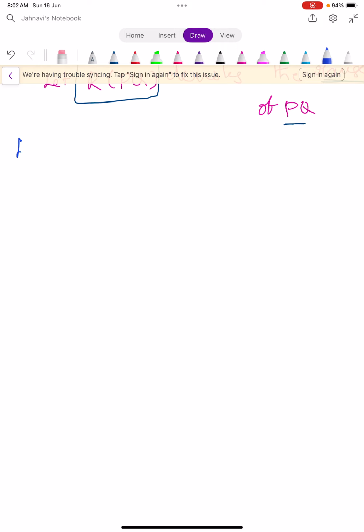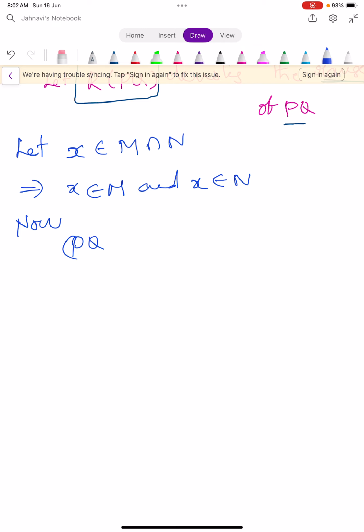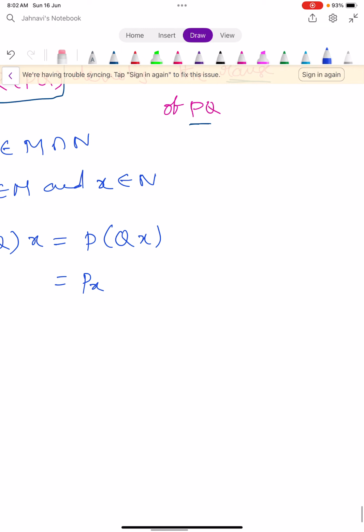Now let us take an element x belonging to M intersection N. If x belongs to M intersection N, then x belongs to M as well as x belongs to capital N. Now PQ of x is equal to P of Qx. P of Qx simply gives Px, because Qx is equal to x.